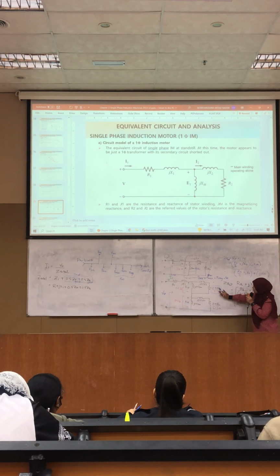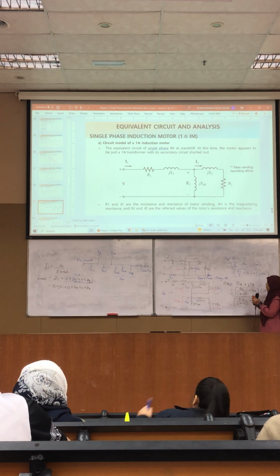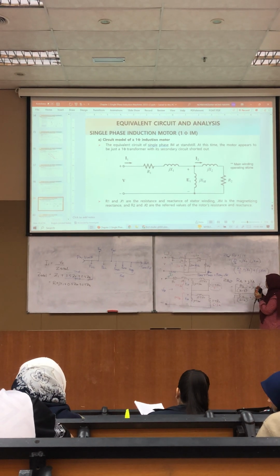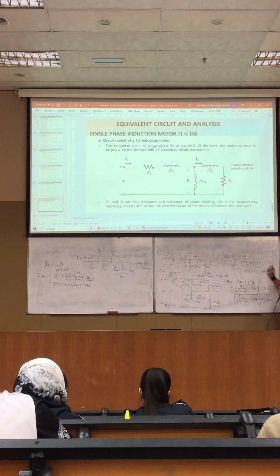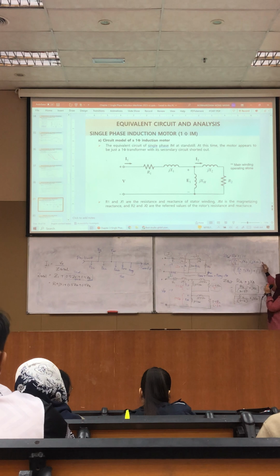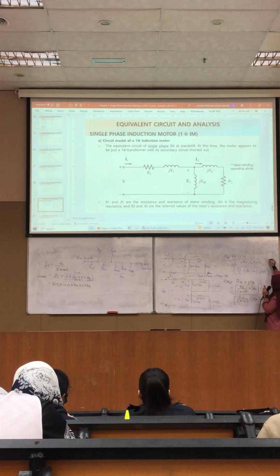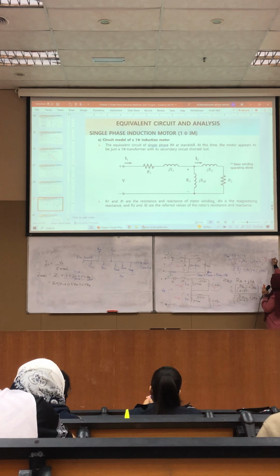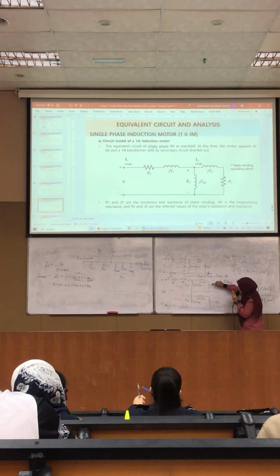The R2 is over slip. So R2 over slip. And this equation is actually R2 over S plus JX2, or actually this one is your rotor, right?